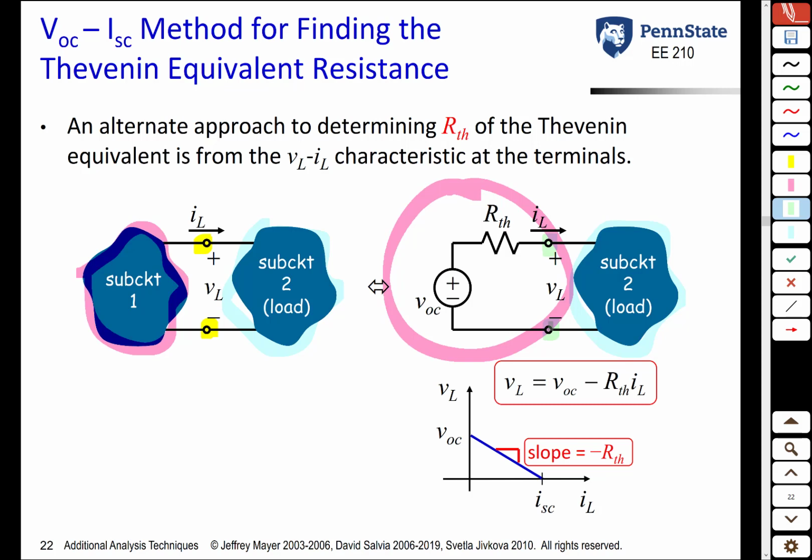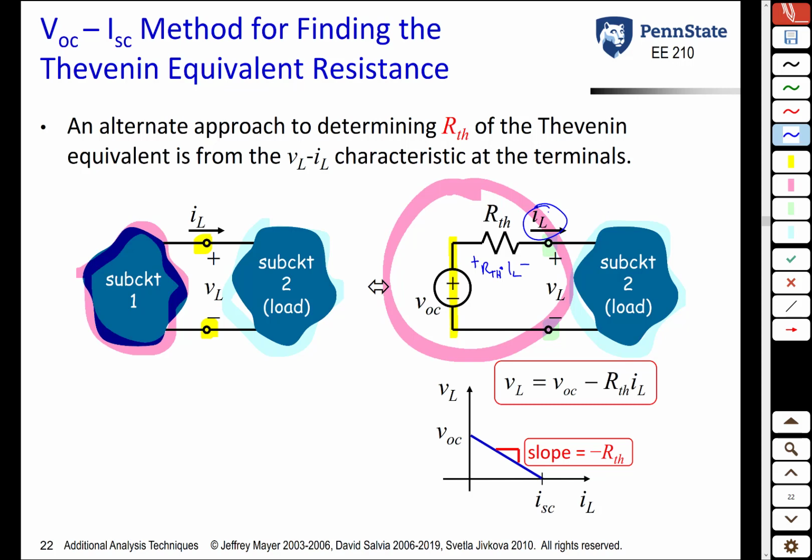The voltage where the 2 subcircuits connect, VL, is equal to VOC minus the voltage drop across this R Thevenin. But what's the voltage drop across R Thevenin? The voltage drop across the resistance is the resistance times the current through it, which we're going to call this current IL.